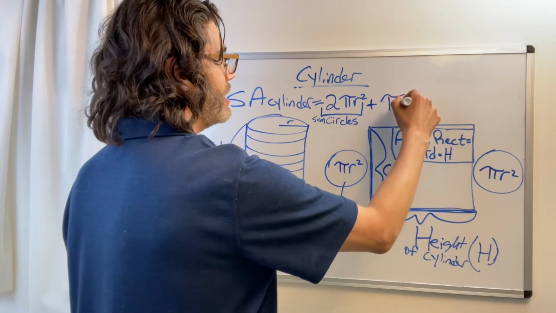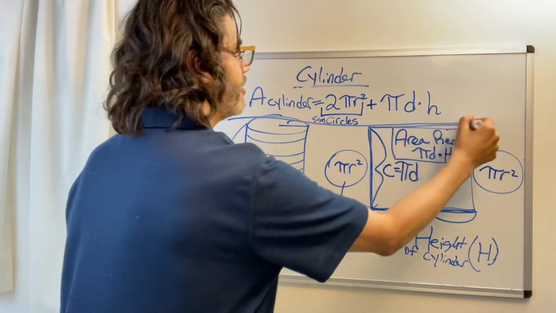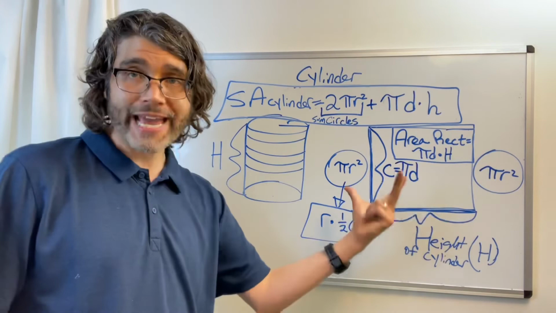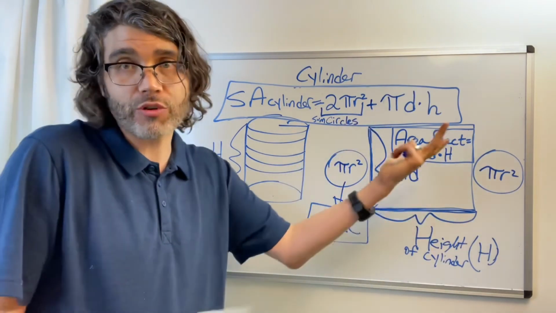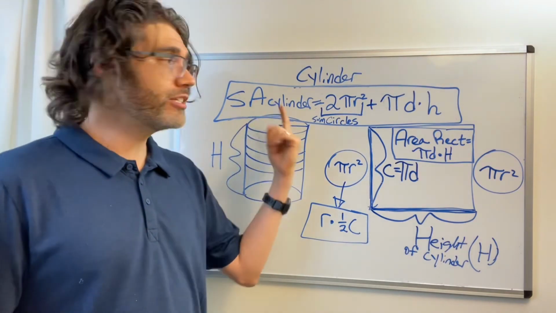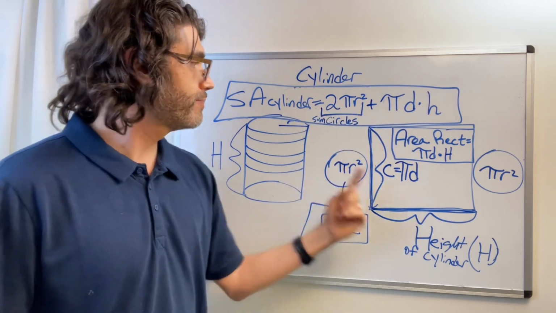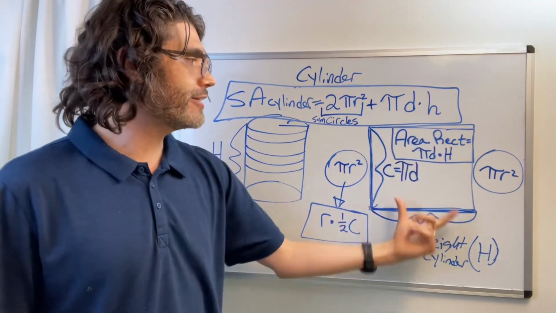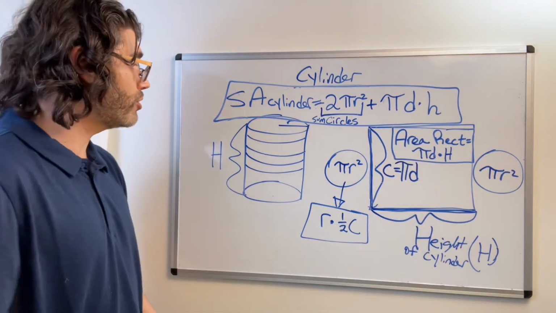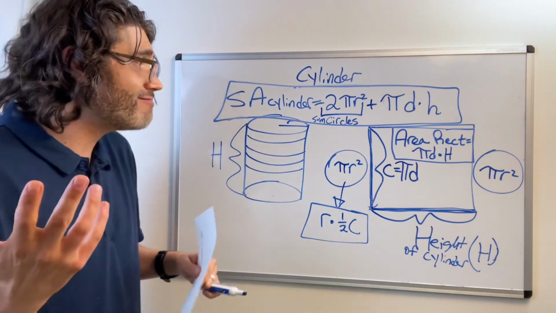So through the net, coming up organically through the net, we have created from scratch the surface area formula for a cylinder: 2 pi r squared plus pi d h. Again, this is the circle part, and then the pi d h part is the area of this rectangle. Okay, so if you come up with actual numbers for what the h is and what the r is, then you're good to go.